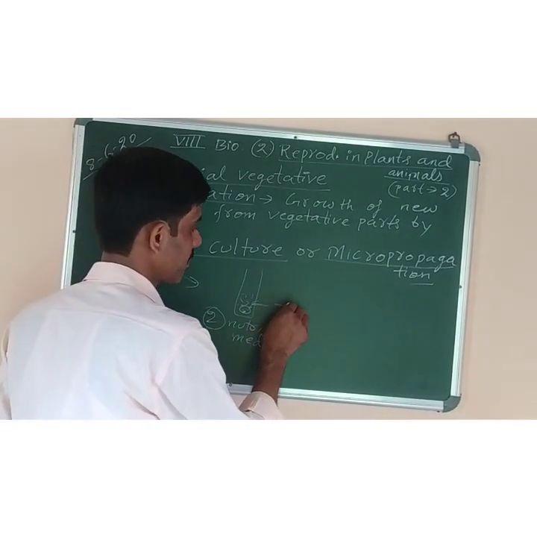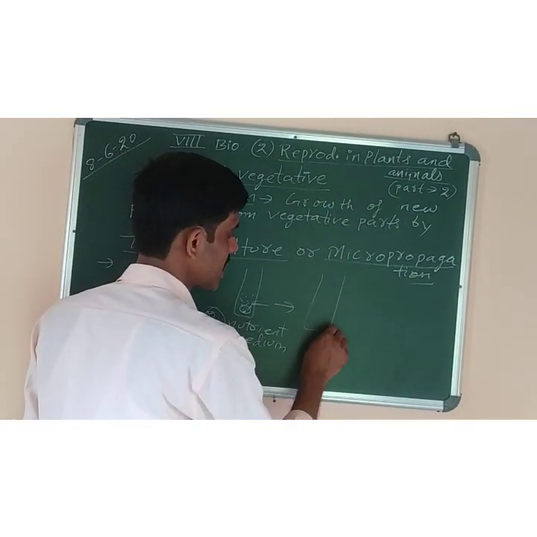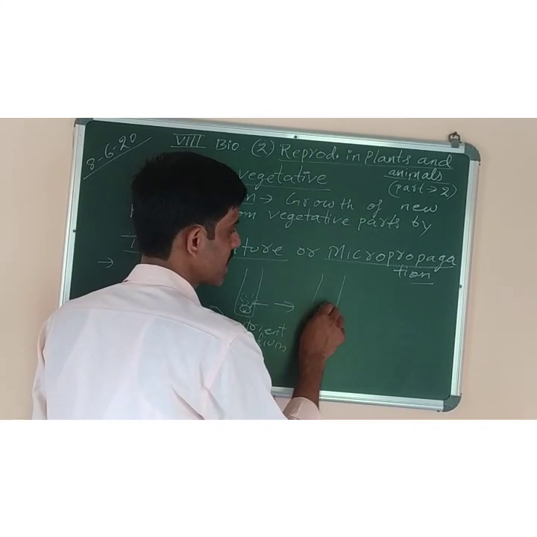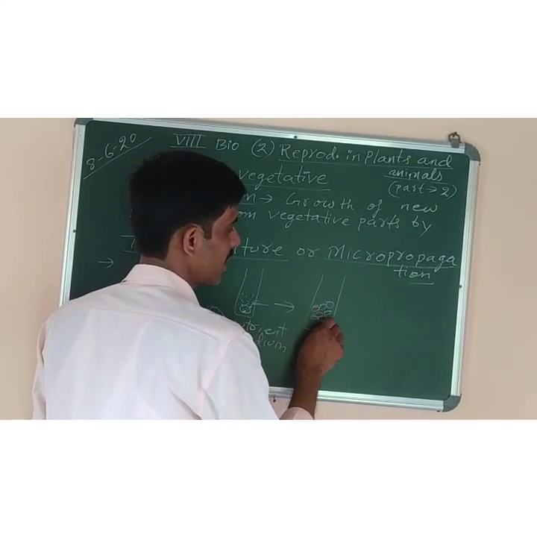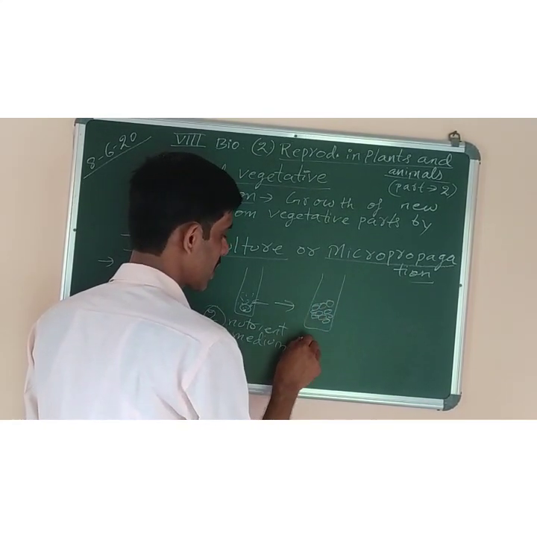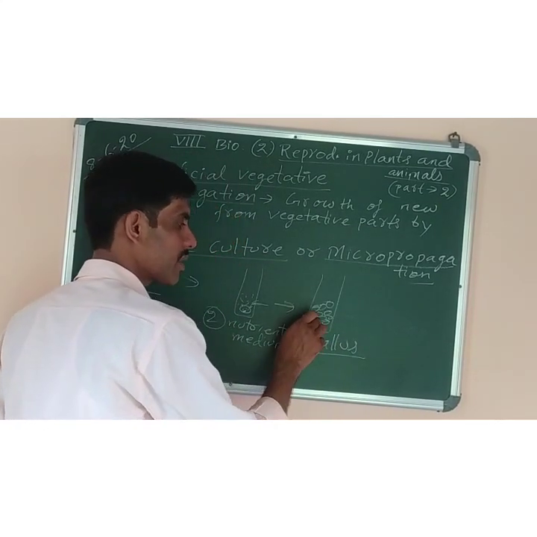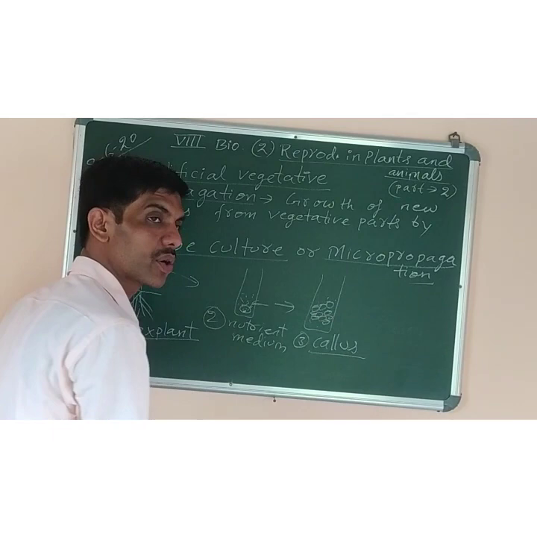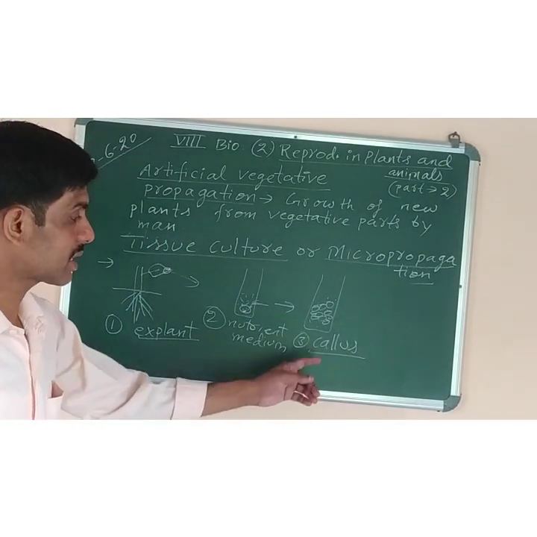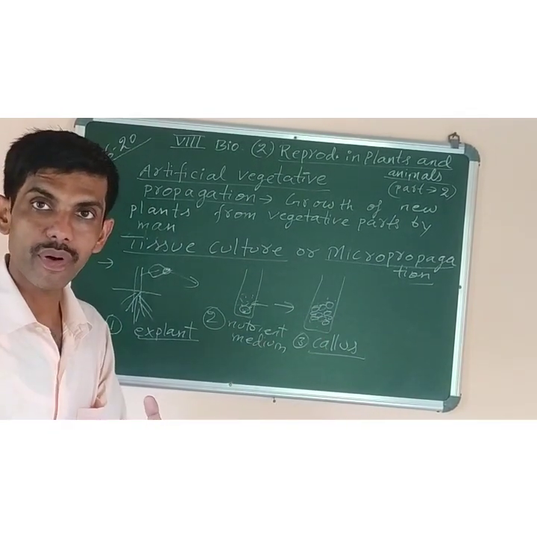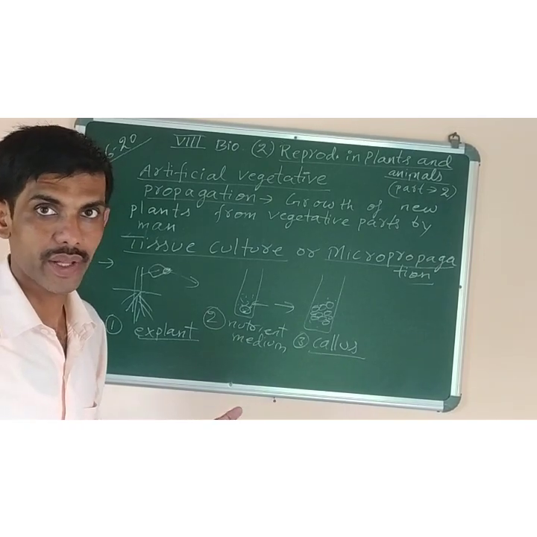Then third step, the cells will increase in number and form a mass of cells, like many cells will be there. This is called callus, C-A-L-L-U-S. A mass of undifferentiated cells is called callus. So what is callus? A mass or a group of undifferentiated cells. From where are they produced?